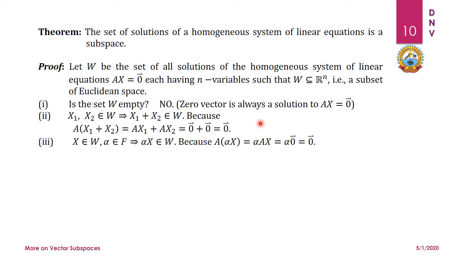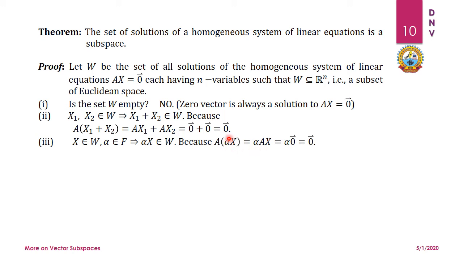Third is, if x belongs to the set of solutions W and alpha is a real number belonging to this field F, then alpha x belongs to W. Why? I can write A(alpha x) equal to alpha Ax. Why can I write it like this?